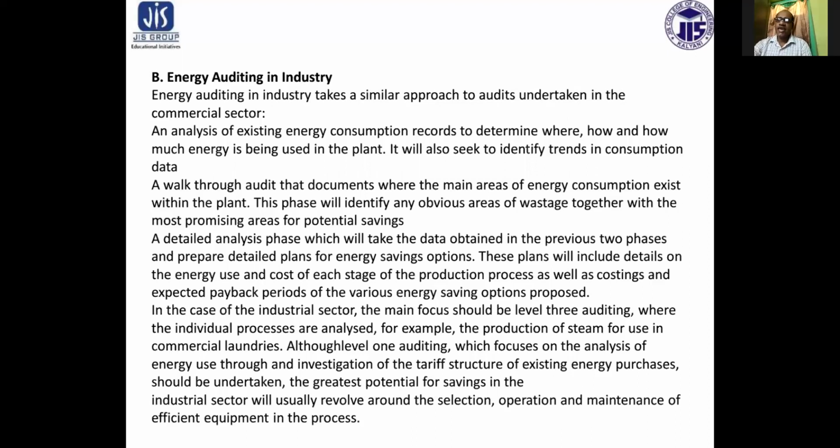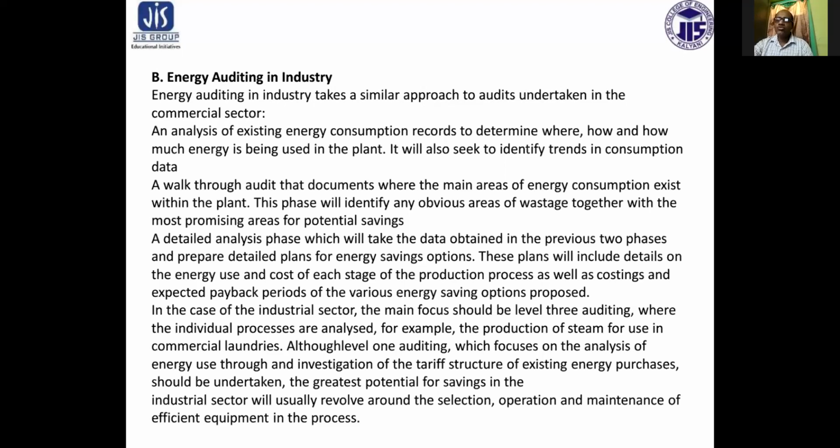First, an analysis of existing energy consumption records to determine where, how, and how much energy is being used in the plant. It will also seek to identify trends in consumption data.